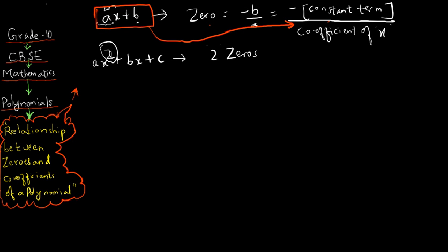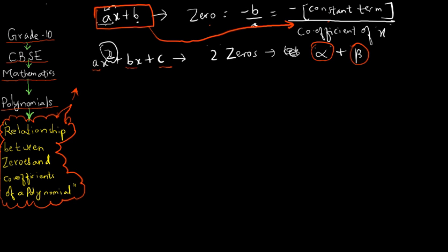So there are two zeros which we are looking at. So let the two zeros be, say, alpha and beta. So if my two zeros are alpha and beta, then let's see how the zeros alpha and beta are connected with the constants a, b, and c.